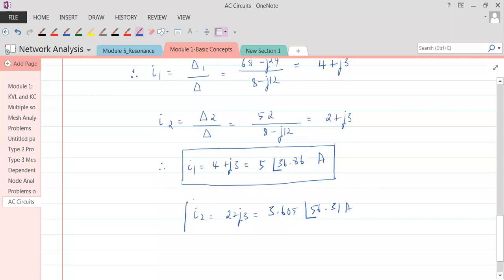So while writing, we shall write in both forms. The currents and voltages we should put in both forms.